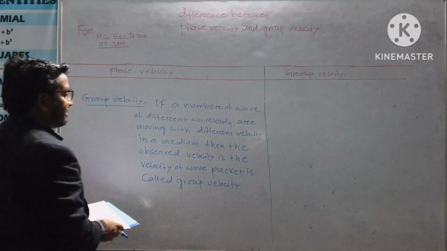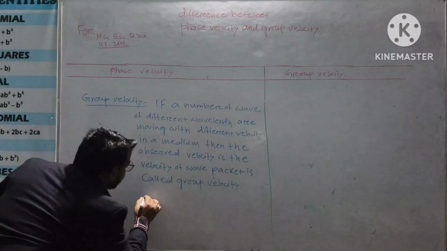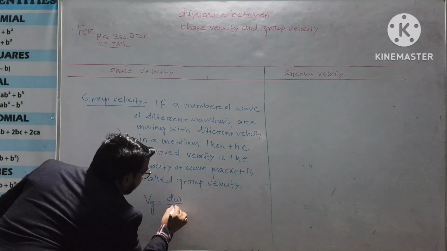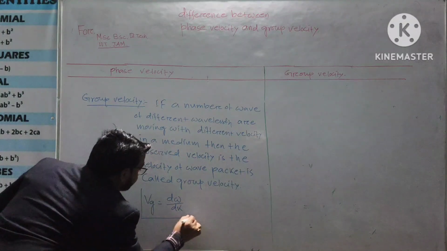The mathematical expression of group velocity, denoted by Vg, is Vg equals d omega divided by dk.